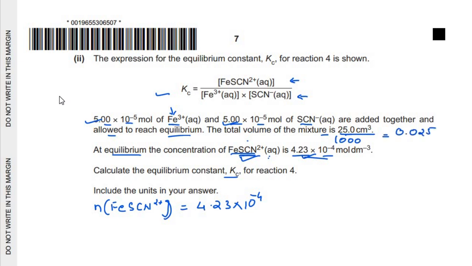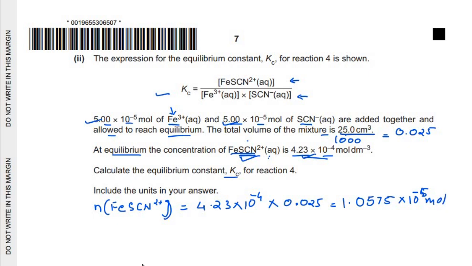So I'm multiplying the concentration with the volume 0.025 to get the moles of the product, which equals 1.0575 × 10^-5 moles. That is the moles of the product at equilibrium.